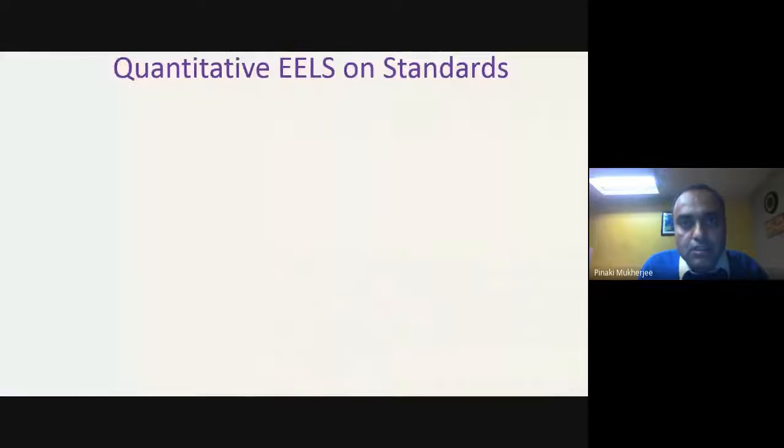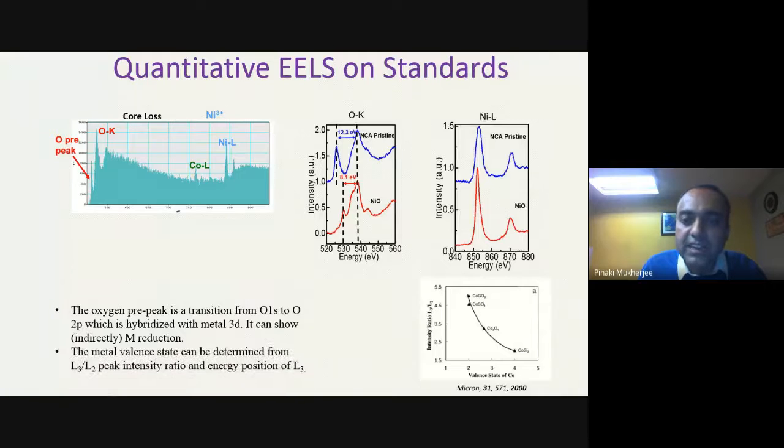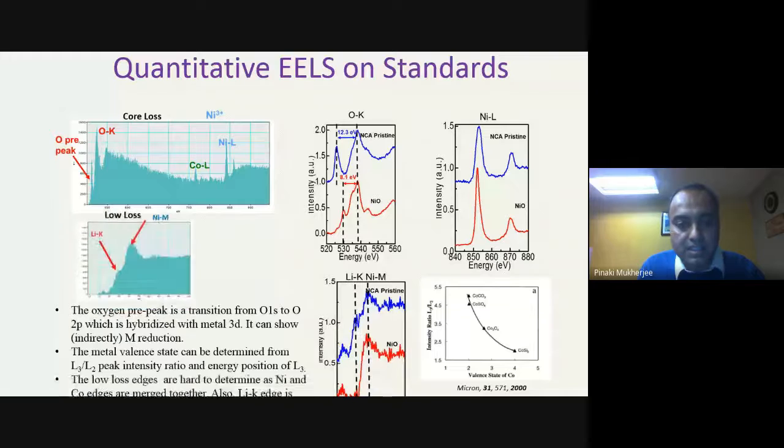One thing we did is that we used EELS on standards to determine the valence. If you want to know more about this technique, you can ask me in the Q&A section, and you can see this Micron paper as well. It is by my boss, my supervisor. It was an earlier work. So we use standards to determine the valence of these materials.